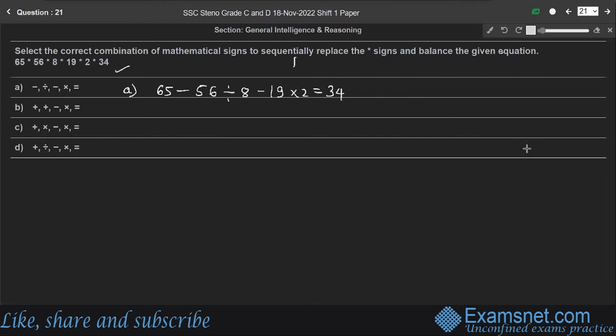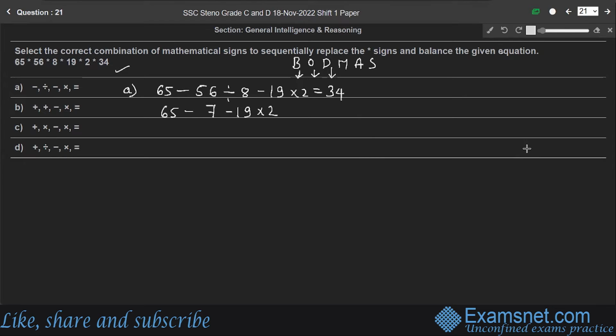To solve that, let us use the BODMAS rule. We have already discussed the rule in which the bracket part should be removed first. There is no bracket to remove, and there is no 'of' part to solve. Let us go for division directly. So 65 minus 56 by 8 is 7, minus 19 into 2, should be equal to 34.